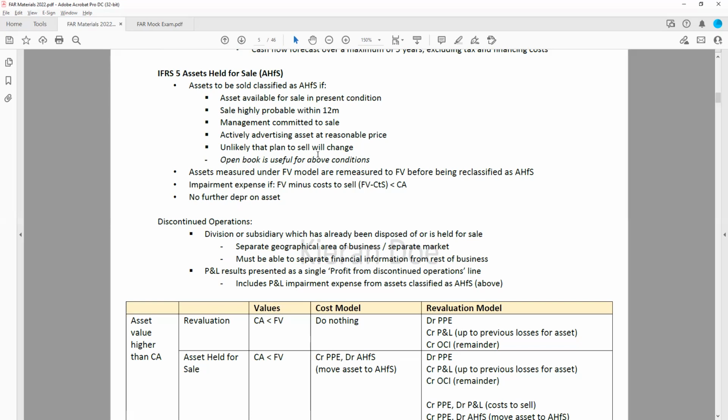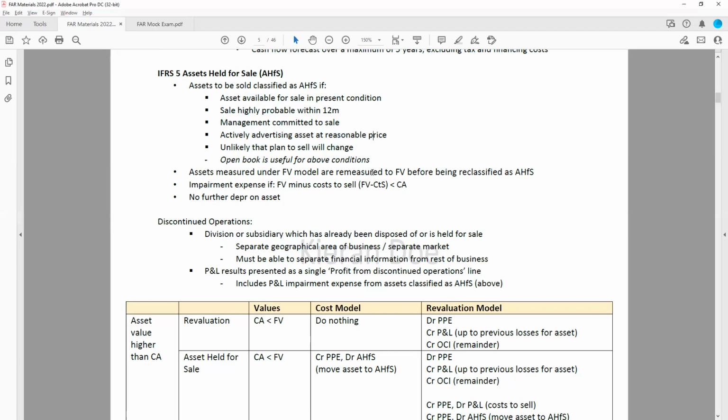There's probably a couple of areas where I do think it is quite useful, and that's where there are some very strict conditions for a certain treatment to apply, and therefore IFRS 5 assets held for sale and discontinued operations as well perhaps is useful, because remembering all of these conditions might be quite tricky, and it could be useful to just look them up and check them in the exams. You can go through and see whether the company's met them.